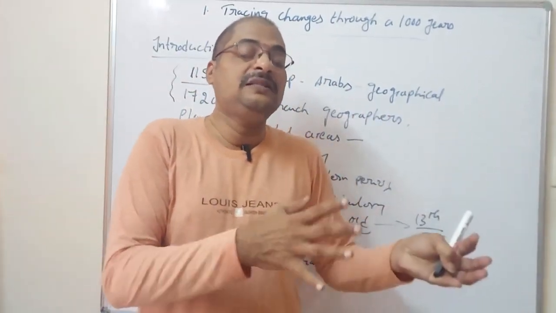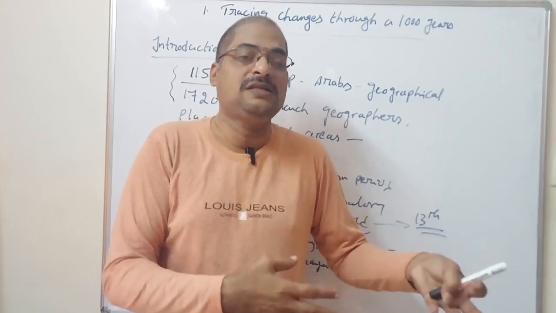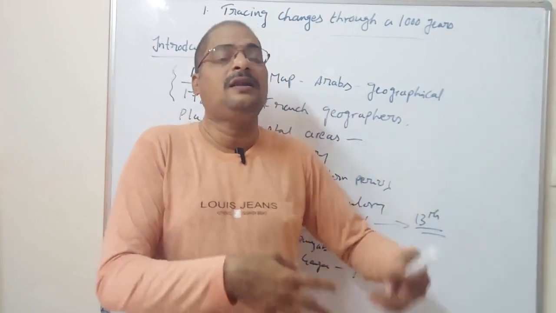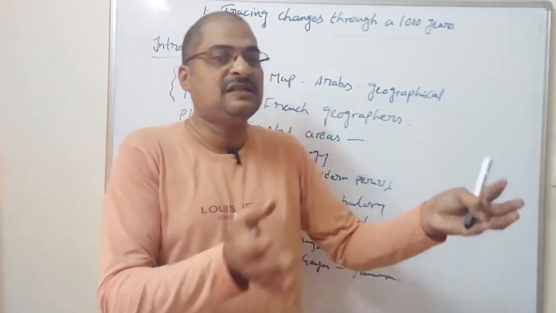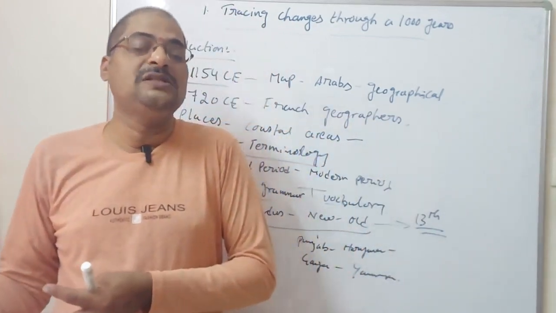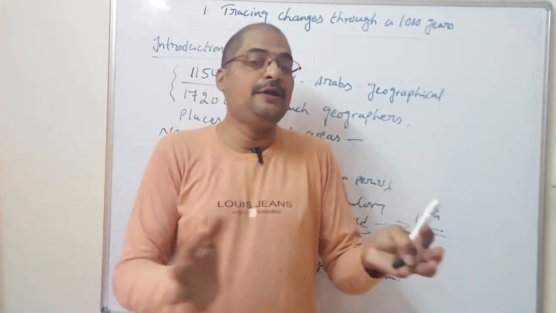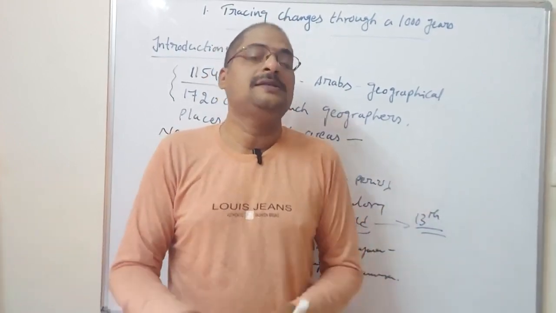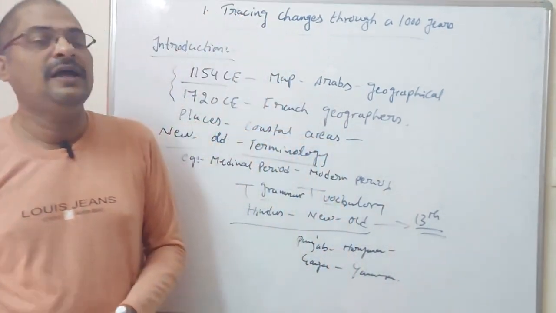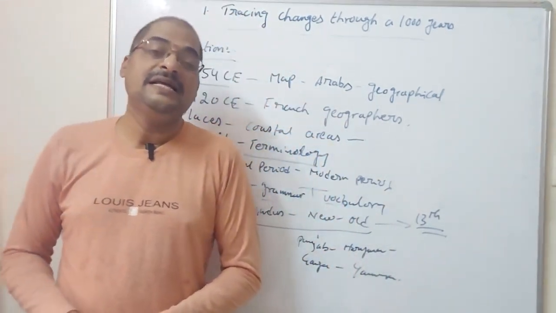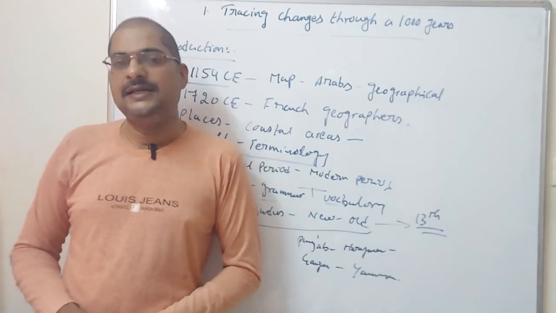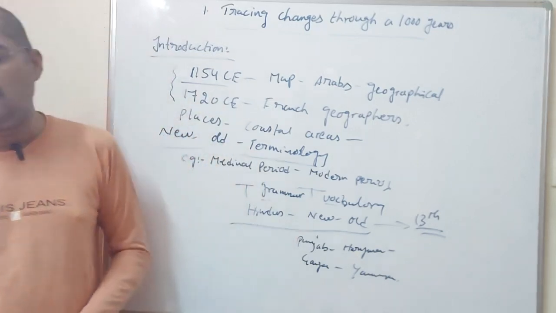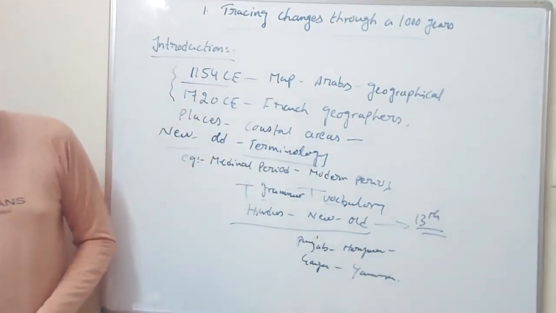That means the languages and terminology were divided among villages and also some cities, in the 15th to 17th and 18th centuries as well. Migration was going on to other areas, and this is called tracing the changes.